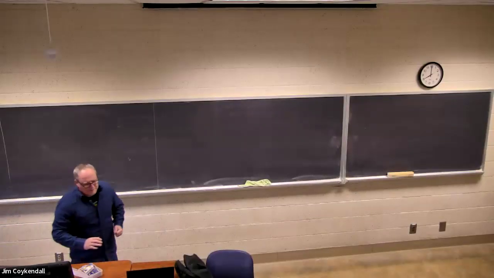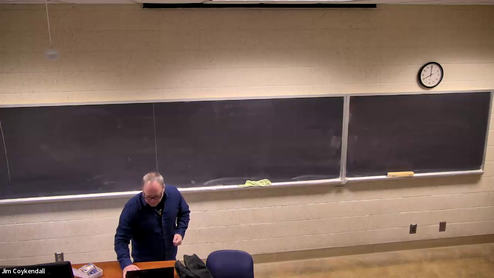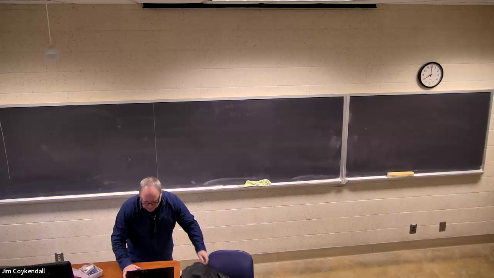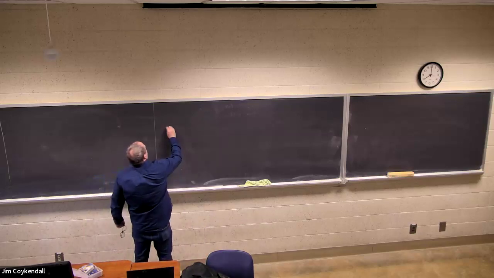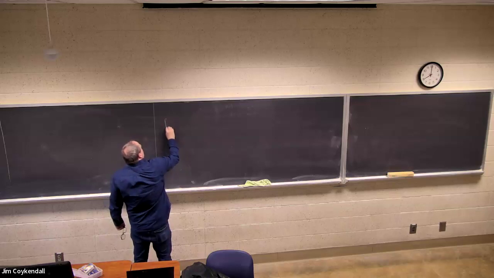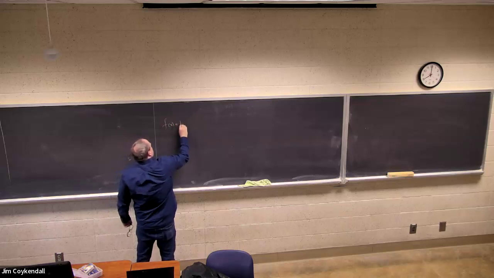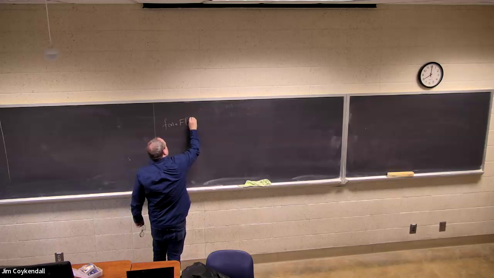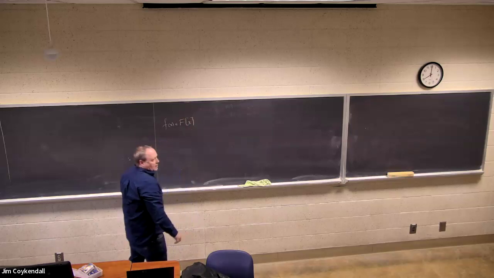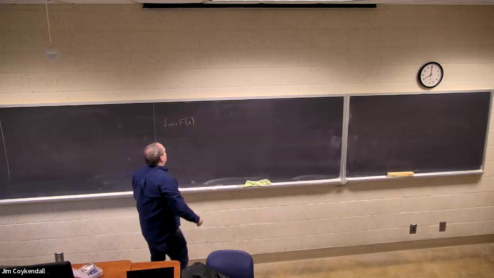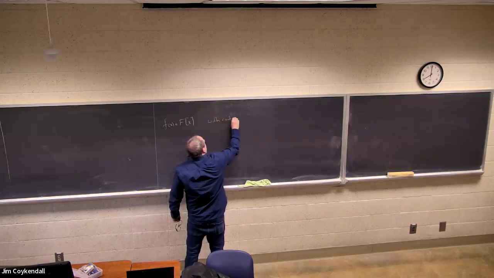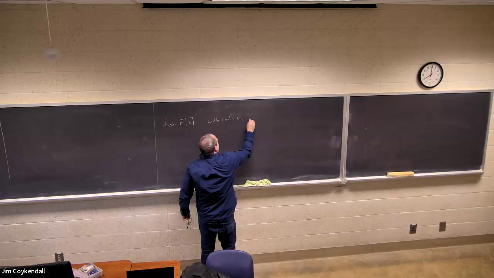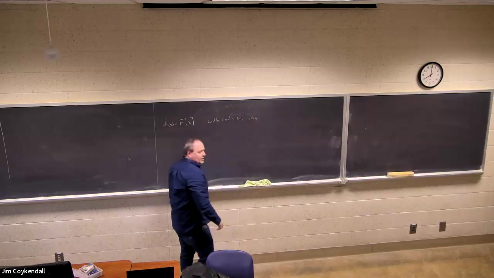Right, so the last time we were talking about splitting fields, and I left you with the following example. So a splitting field, if you have a polynomial here, so it's got the roots here.